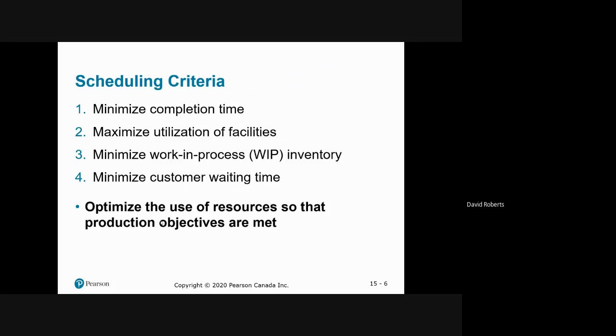And until you become a finished good, you can't be charging other people for your time at the increased value that you have added to yourself by going to school. And so you can't charge 0.5 of a degree or diploma. So you need to minimize your WIP, which also ties in with minimizing completion time. And you don't want your customers waiting. The concept in supply chain is that faster is better.